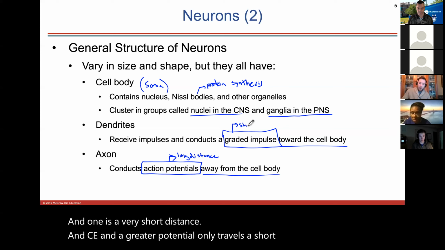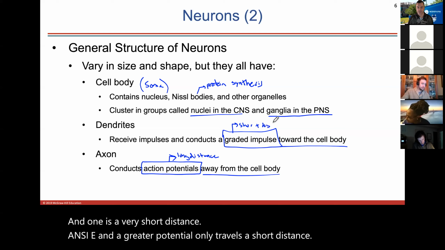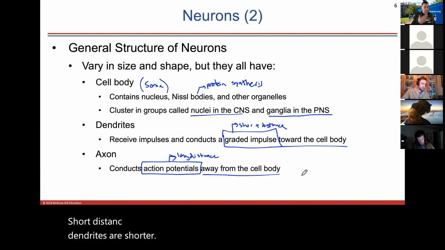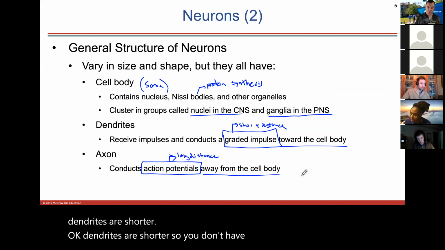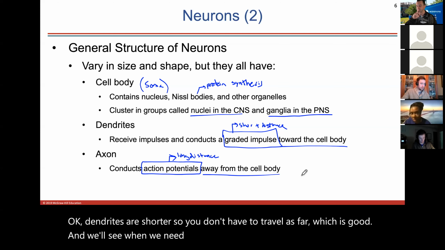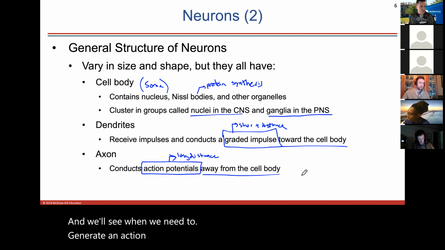Okay. Short distance. Okay. Dendrites are shorter, so they don't have to travel as far, which is good. And we'll see when we need to generate an action potential, we need that little short distance thing.